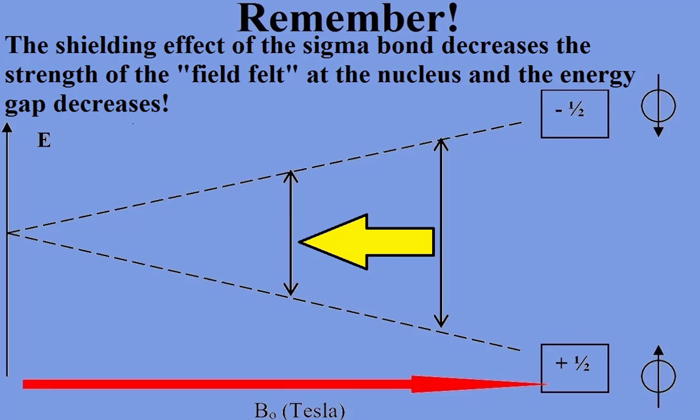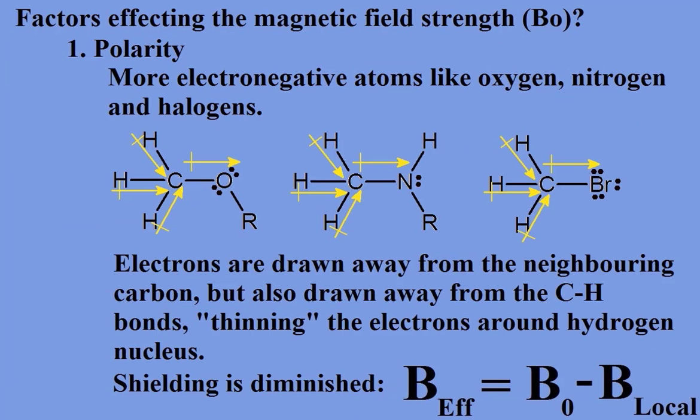However, there are other chemical bonds not directly attached to the hydrogen which will also have some influence on the hydrogen nuclei. If there are polar covalent bonds nearby with more electronegative atoms than carbon, of course the electrons in that polarized bond are being pulled away from the carbon.